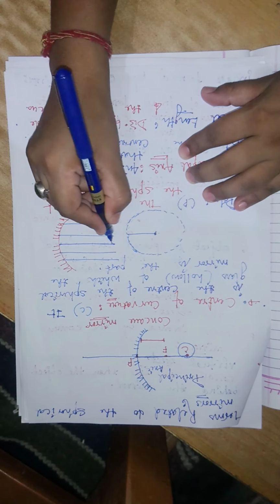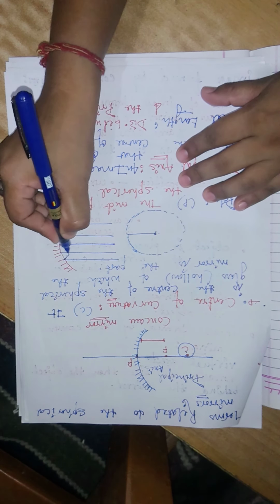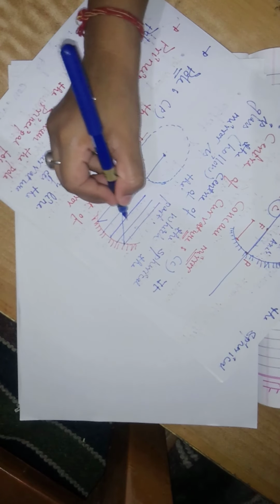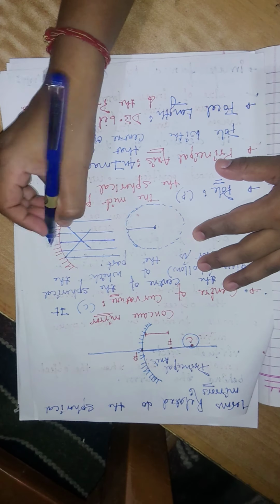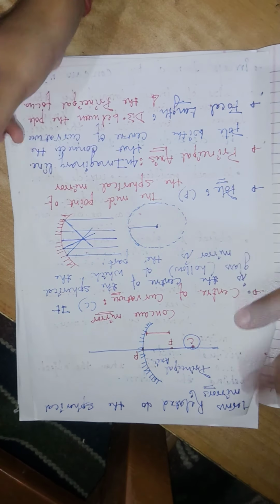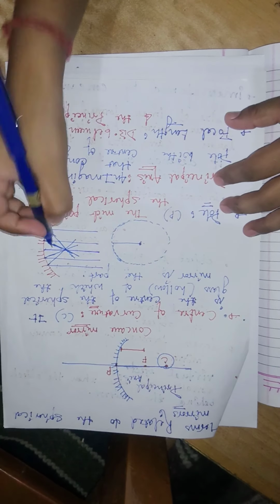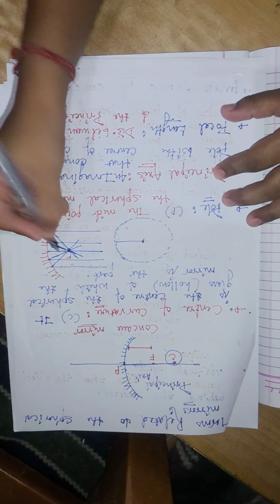These are parallel to this principal axis, and after reflection, they appear to be passing from a single point. All these lines pass through a single point in case of concave. So this very particular point is termed as the principal focus.